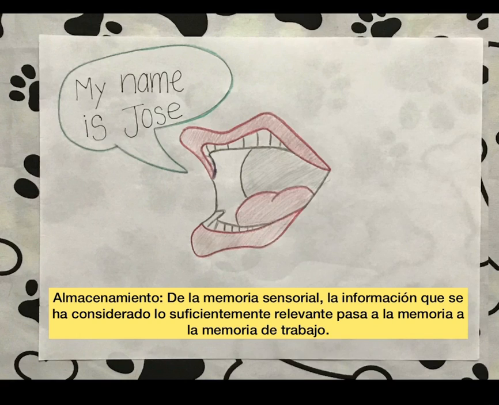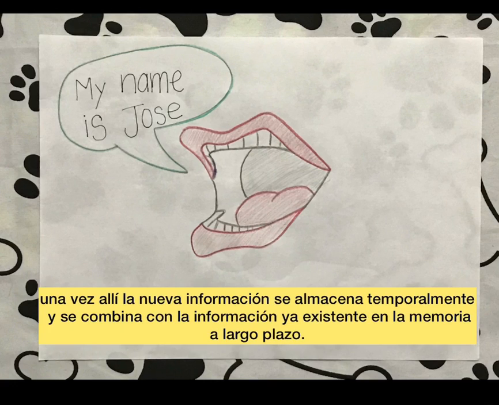Storage. From sensory memory, information that has been considered relevant enough passes to working memory. Once there, the new information is temporarily stored and combined with the existing information in long-term memory.